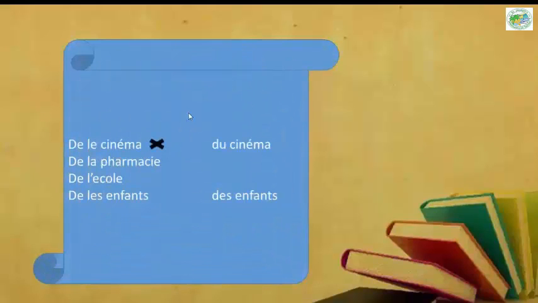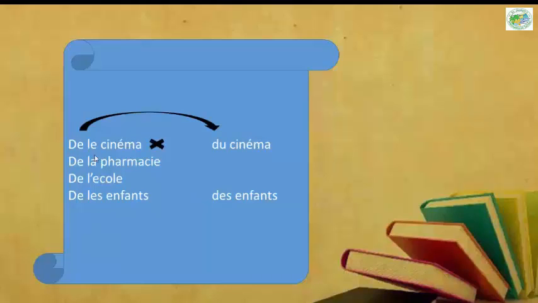For example, we don't say de le cinéma. We used to say du cinéma. De la pharmacie, no problem with l'article défini la, and l'apostrophe also, you can write it after the preposition de, but for the plural here, you don't write de les, you write it des, okay?